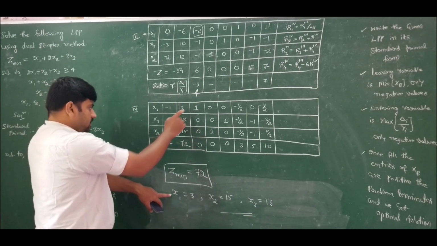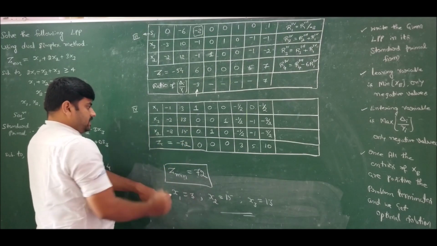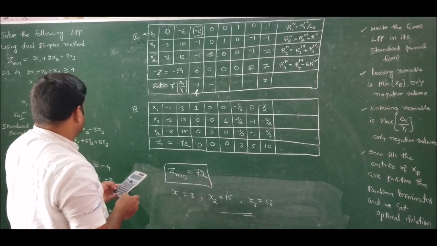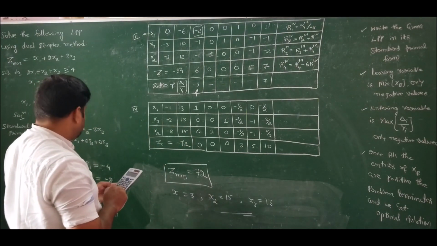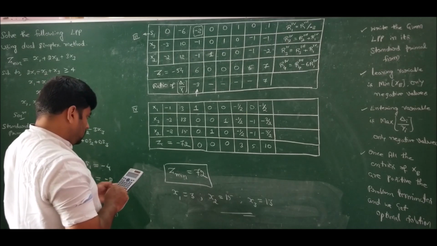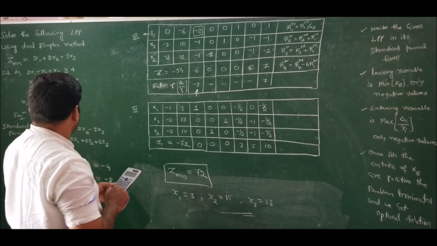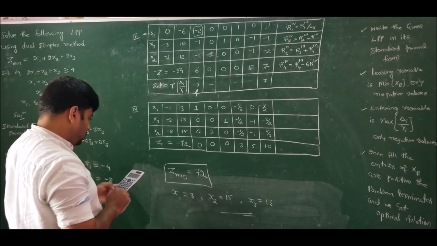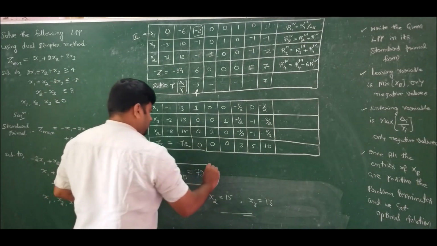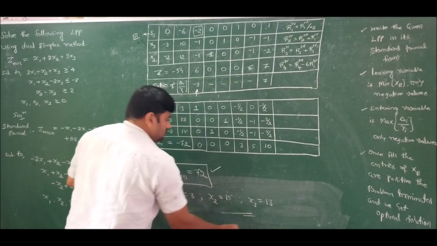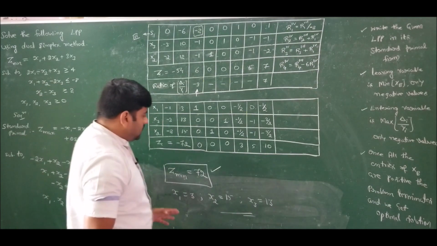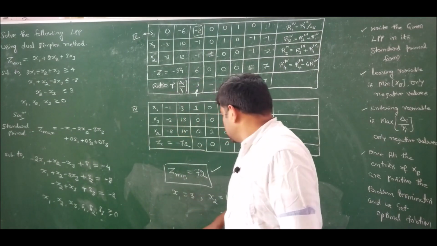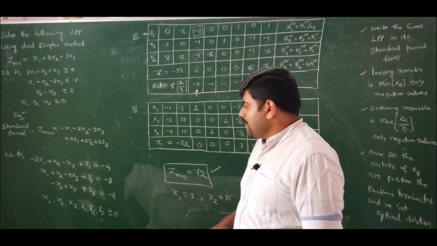If I look at the question, we have x1 is 3, 3 plus 2 into 15 plus 3 into 13, which is 72, which is correct. So the solution for this problem is z minimum is 72 and the values of x1, x2, x3 are 3, 15 and 13.